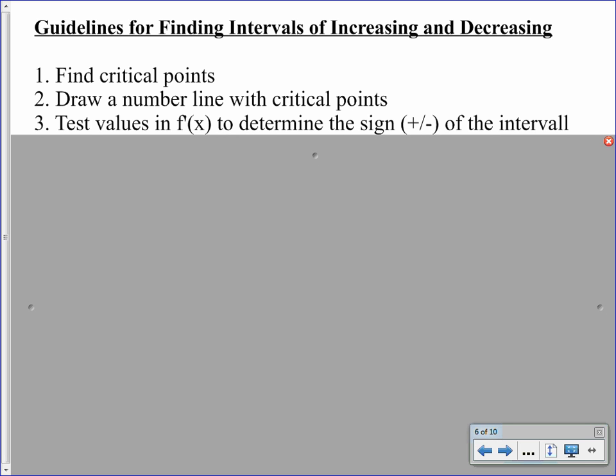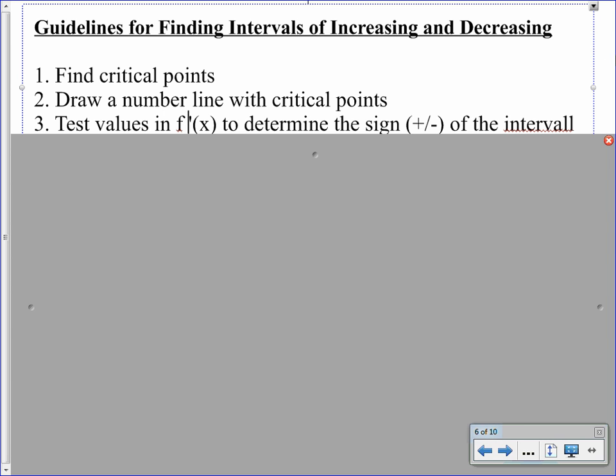So to do that, you are going to test values in f prime. You're going to test your values in the derivative to determine whether your derivative is positive or negative.